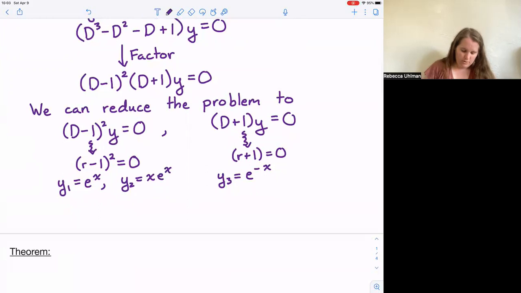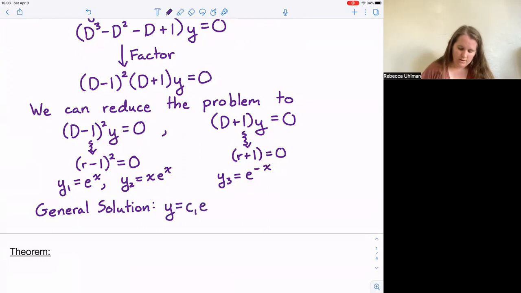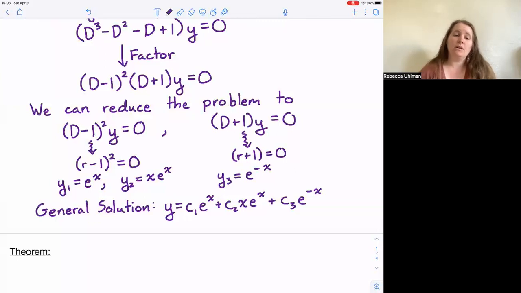And so we have general solution y equals c1 e to the x plus c2 x e to the x plus c3 e to the negative x. Now this took care of the case where we have a real root repeated twice, but what happens if it appears more than twice?